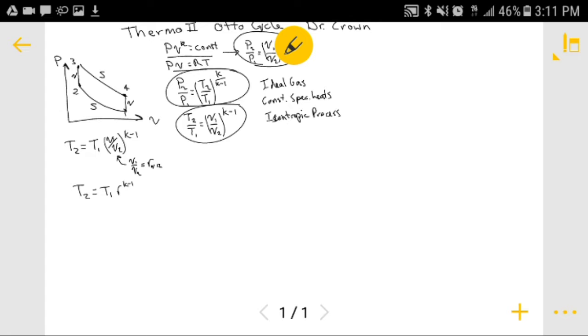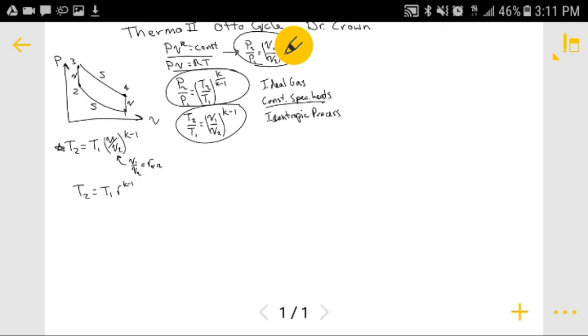This first process is isentropic. For all of the processes it is an ideal gas, and for all the processes I'm assuming constant specific heats. So I'm going to do this problem with this assumption.